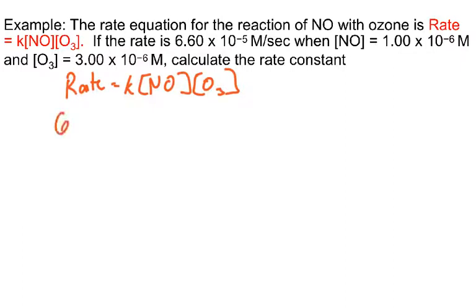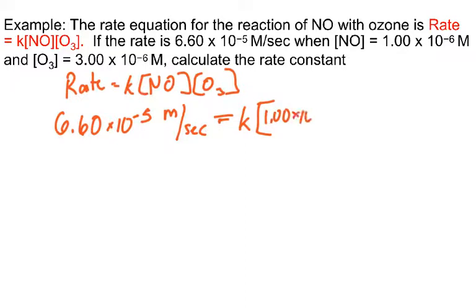So our rate is 6.60 times 10 to the minus 5 molarity per second is equal to our lowercase k times 1 times 10 to the minus 6th molar times 3 times 10 to the minus 6th molar.